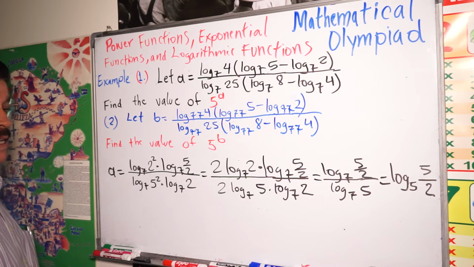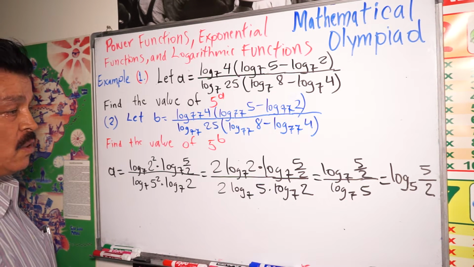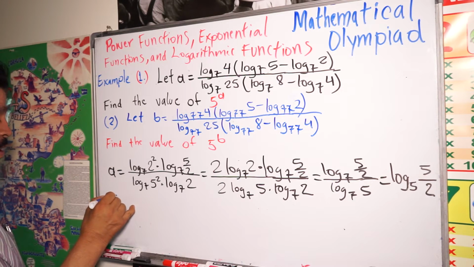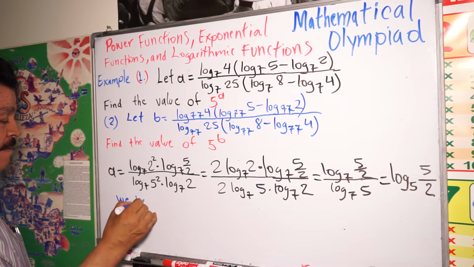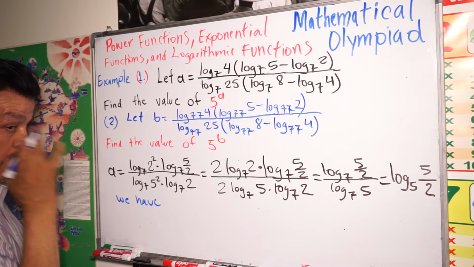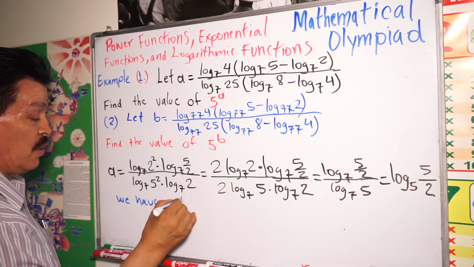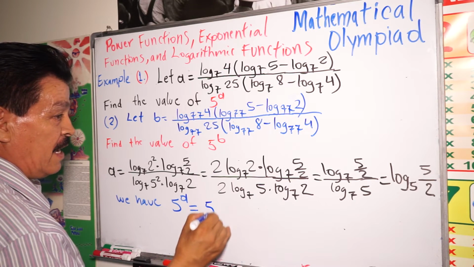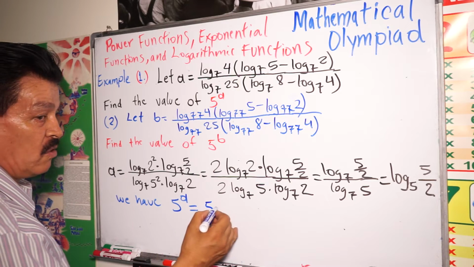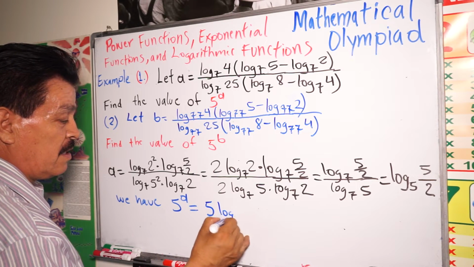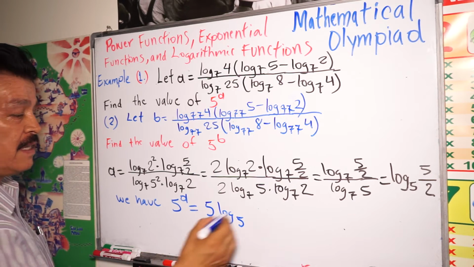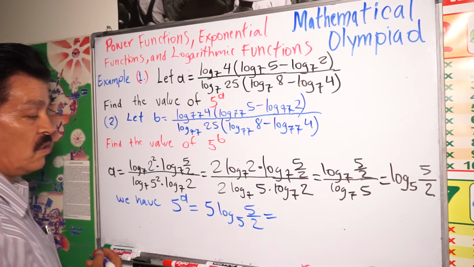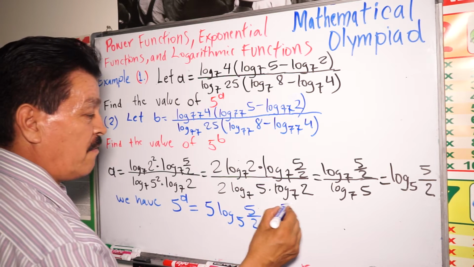Next step. So we have 5 to the A power equals 5 to the power of log base 5 of 5 halves, so this actually equals 5 halves.